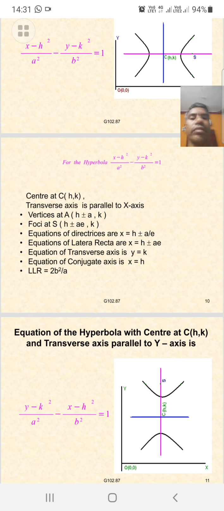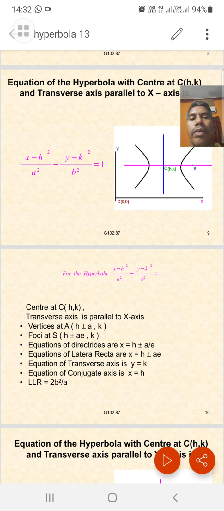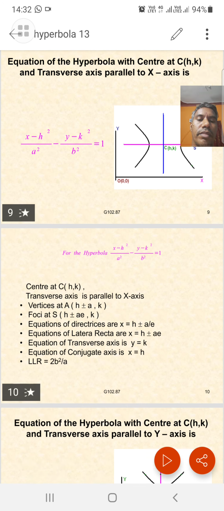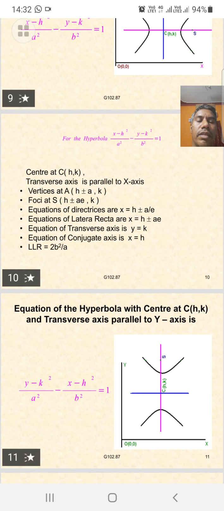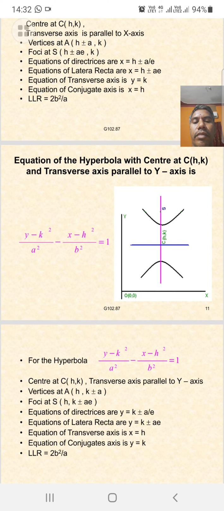And this is an open curve, and the ellipse is a closed curve. Ellipse eccentricity is less than 1, and hyperbola eccentricity is greater than 1. And if eccentricity is root 2, we can say it is a rectangular hyperbola.